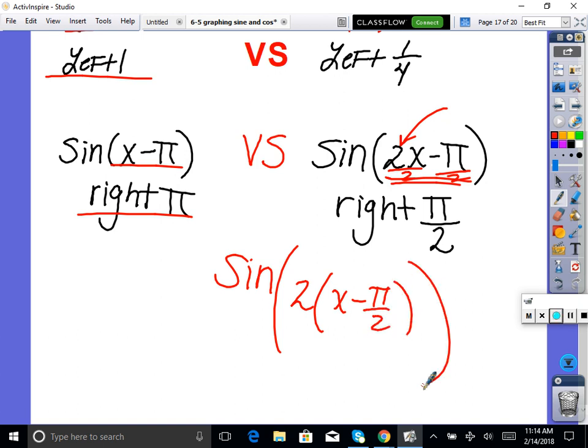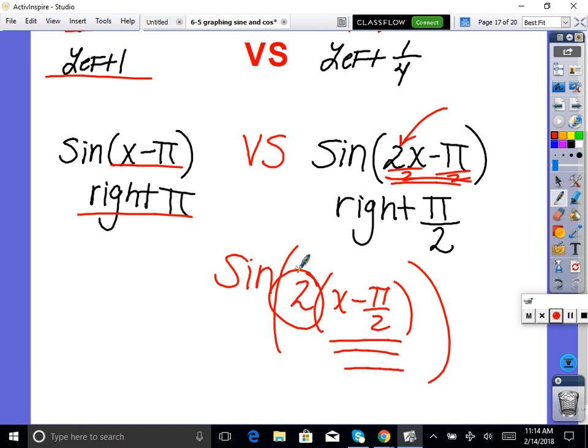So now you would say it's a shift of right pi halves, but my frequency is a 2, so we take that into consideration as well. That will be your frequency, which will then allow you to find your period, and then you're shifting those points right after that pi halves.